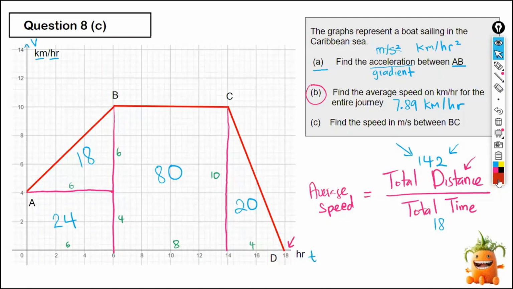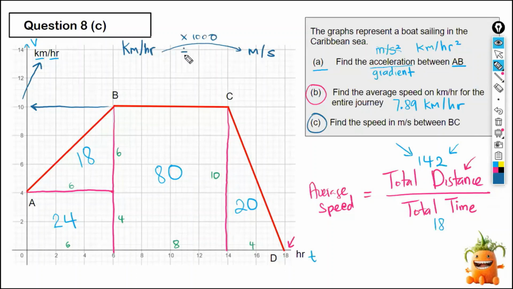For part C, to convert what we have here between B and C, you all notice the speed is 10, but that 10 is in kilometers per hour. To convert kilometers per hour to meters per second, you have to multiply by 1,000 and then divide by 3,600.